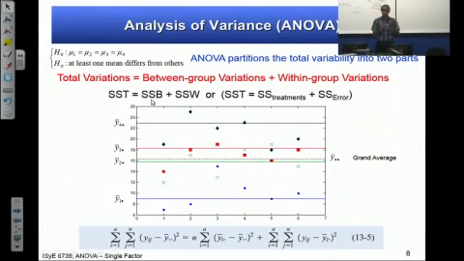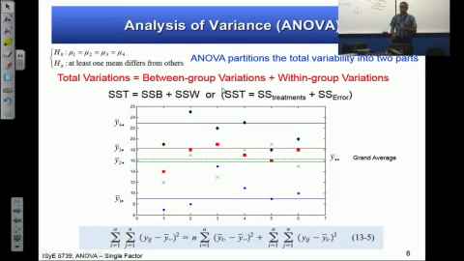As you can see, we are using the variance components to test means. That's why we call it analysis of variance. So again, if H null is true, then SSB is going to be very small. So what we want to do is compare SSB with SSW, or between variation with within variation. Any questions? Is it clear?